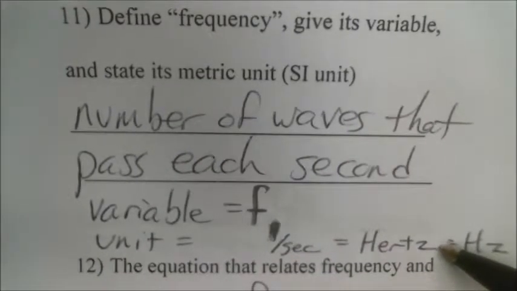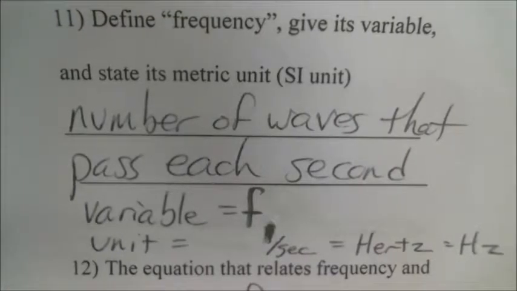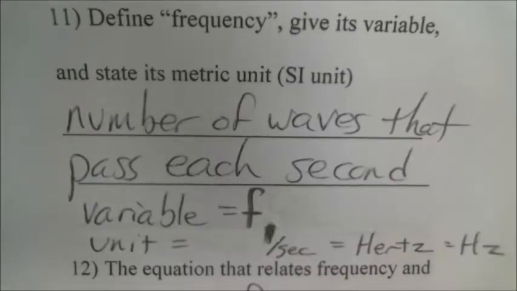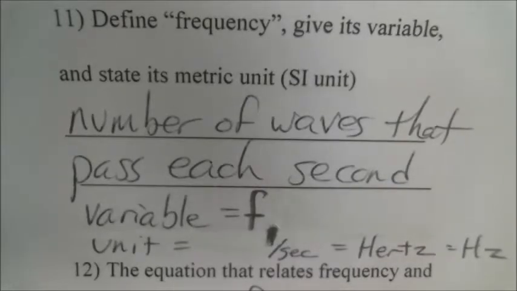And the abbreviation for that is going to be the hertz, which is capital H, little z. So when we talk about the frequency of a radio station being 96.1 megahertz, that means that the radio signal has a frequency of 96.1 million hertz. 96 million complete wavelengths hit your antenna every second.